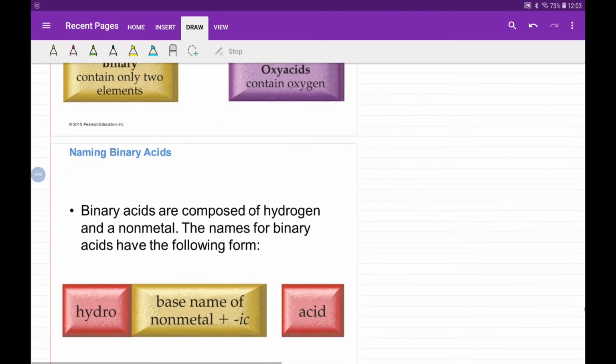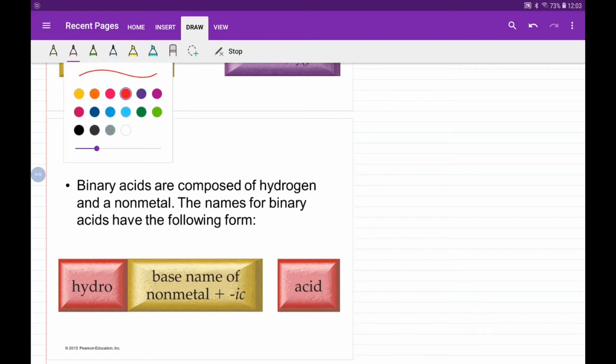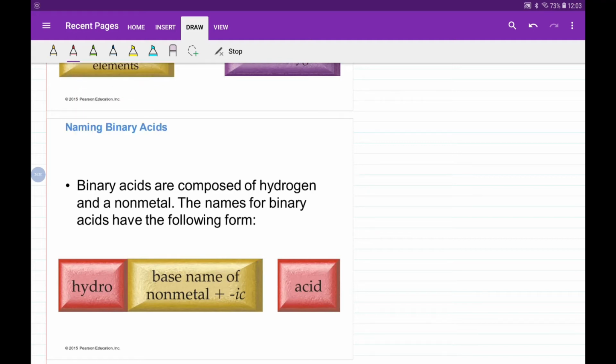All right, let's take a look at how we name binary acids. Now, the naming here is simple. Let's take HCl.